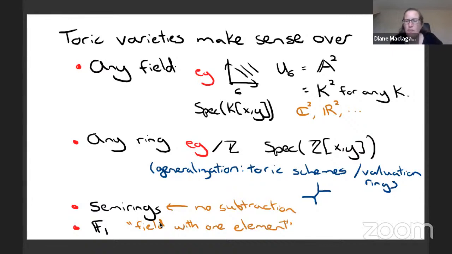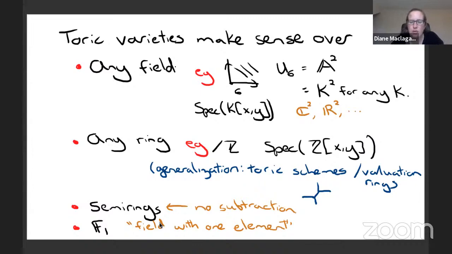As most of you presumably know, there is no such thing as the field with one element, but we can still build a geometry as if it did exist. One of the axioms of a field is that it should have two elements, 0 not equal to 1. But we still get a geometry that behaves as if there is a field with one element.